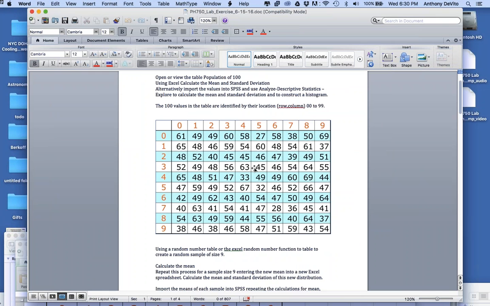I want to randomly sample people from this population, with a sample size of 9. I could just point at people, but that's not really random. I have some bias. I may point to the left more often than the right, or inadvertently point to higher or lower numbers. So I want you to sample 9 people randomly.